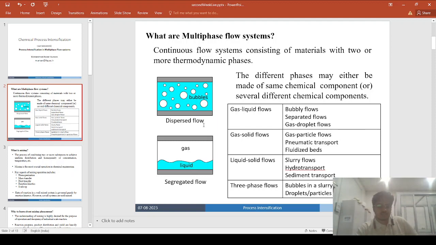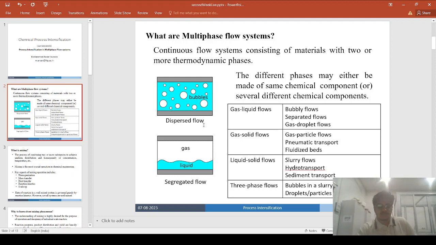In the dispersed flow system, you cannot clearly distinguish a big interface. One example of the segregated flow system is stratified flow, where the gravitational force is the dominant force.